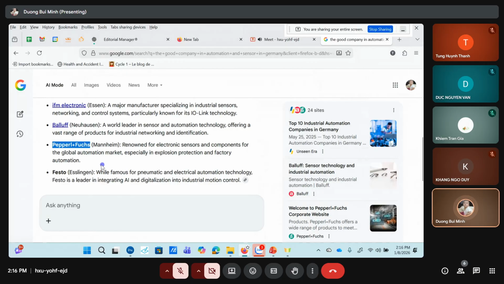Pepper. I don't know German. Okay, you know. Very famous for electronic sensors and automation devices.